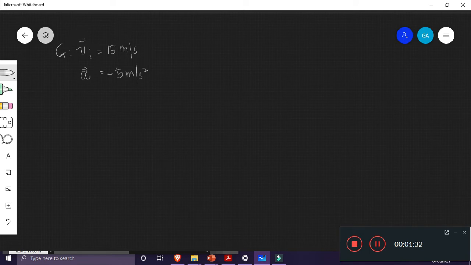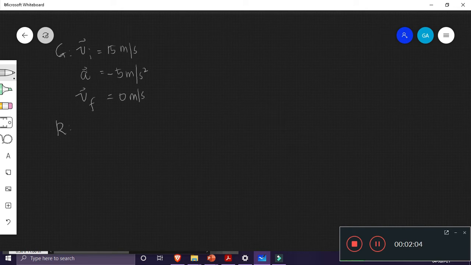Okay? There are two questions in the problem. Ang sabi doon is how long will it take for it to stop and how far will it travel habang nakatapak sa preno si manong driver. So, since it will stop, hihinto yung sasakyan, our final velocity will be 0 meters per second.